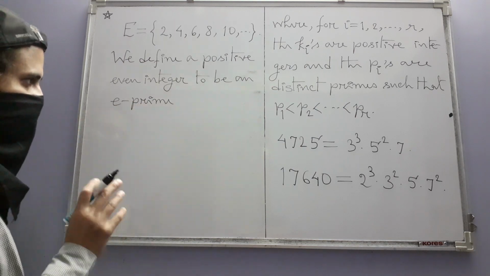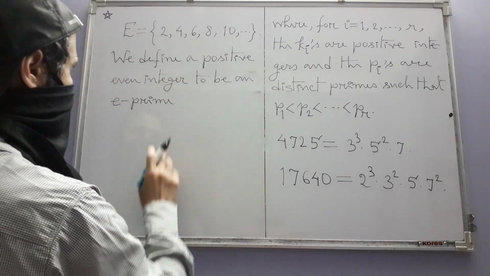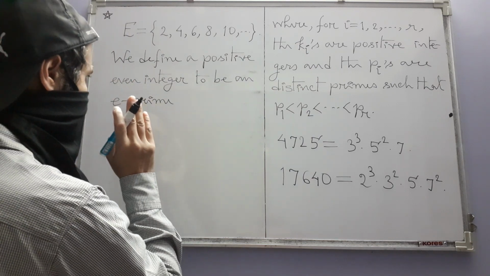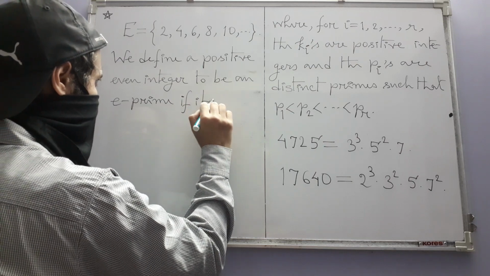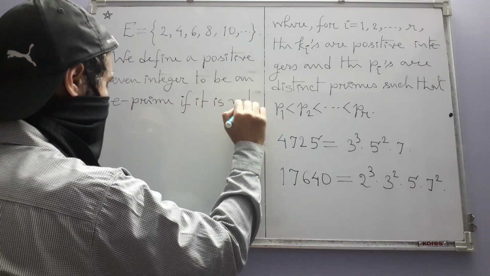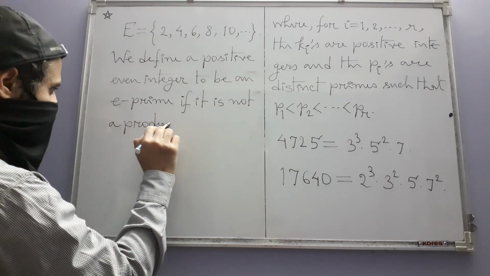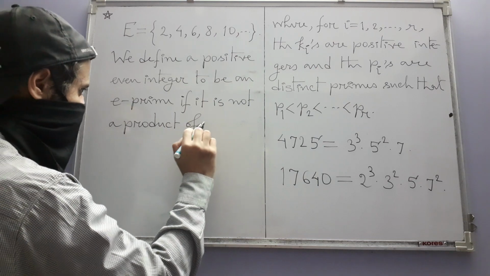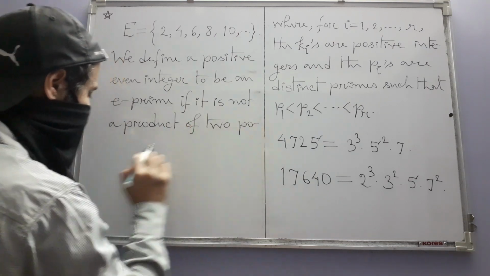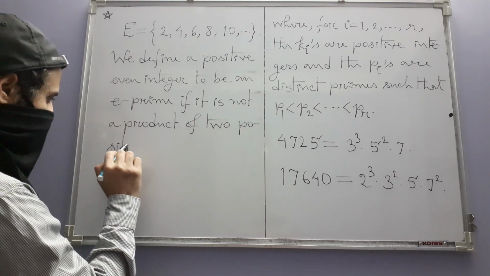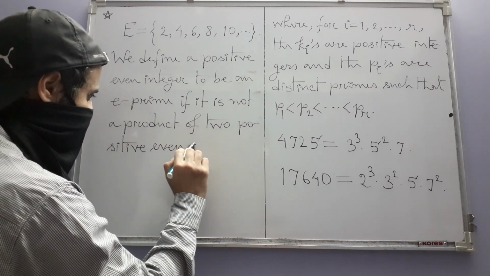E denotes evenness, which all the elements in capital E have. So such an integer is said to be an E prime if it is not a product of two positive even integers.